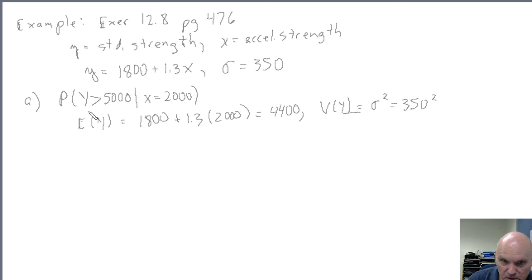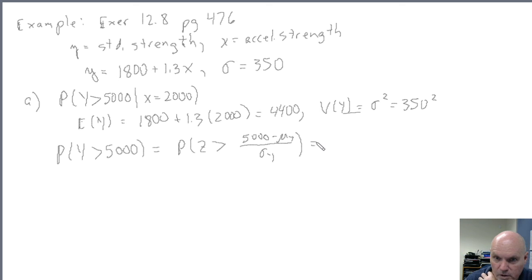Since y is normally distributed, I can compute this probability using the same steps that we've used in the past. I standardize the random variable, so this will be the probability that z is greater than, I standardize by subtracting the mean and dividing by the standard deviation.